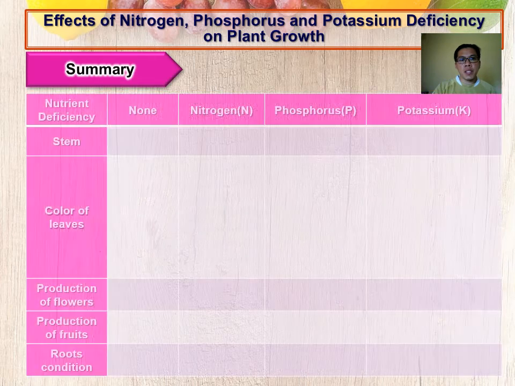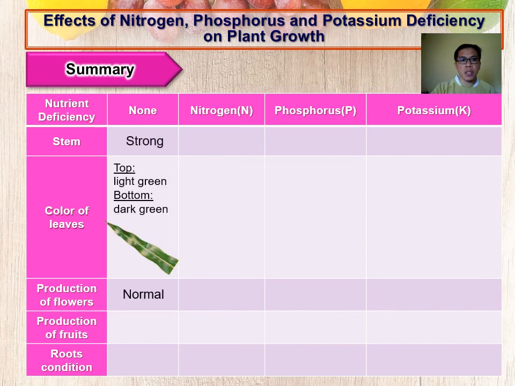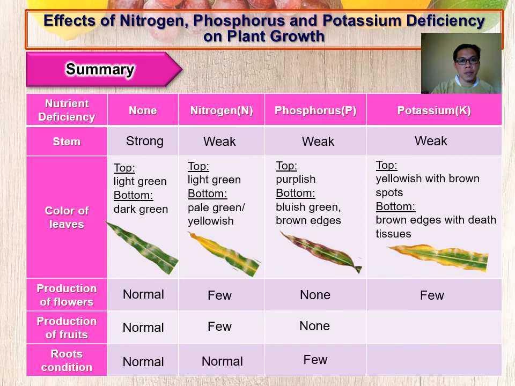And the last, this is the summary of macronutrients deficiency. Ini adalah perbezaan yang mana kita boleh lihat bagi setiap kekurangan macronutrient. Alright, kita boleh bezakan nantilah kekurangan dia. Kalau kita lihat seperti yang saya beritahu tadi, nak lihat mesti lihat pada color of leaf.